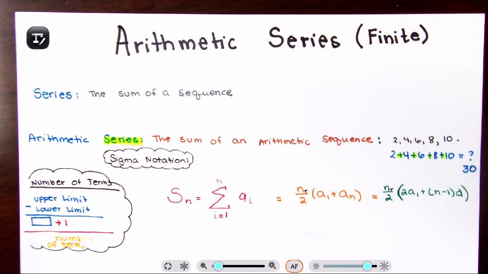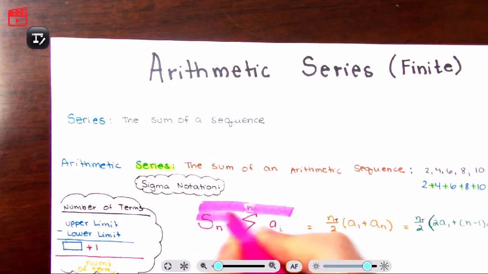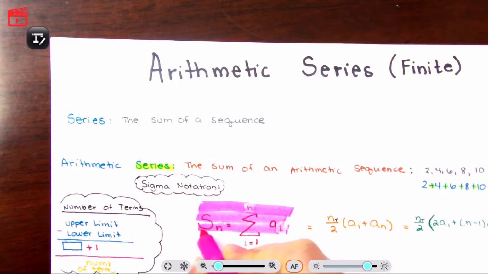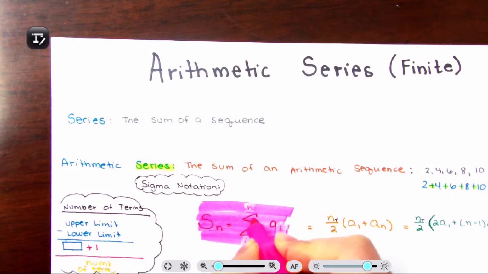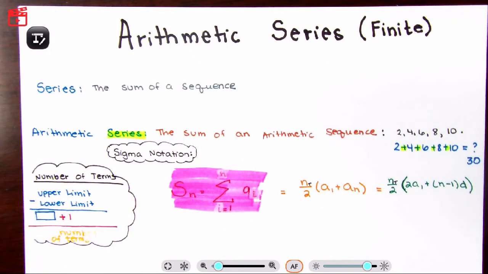All right, so I'm going to highlight these in different colors, and I want to point something out. This sigma notation is this here. Sigma is just the capital E looking thing. That is my sigma notation.